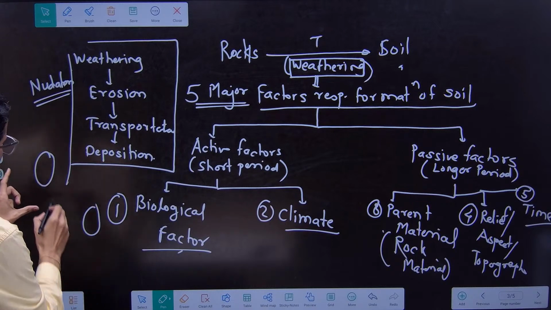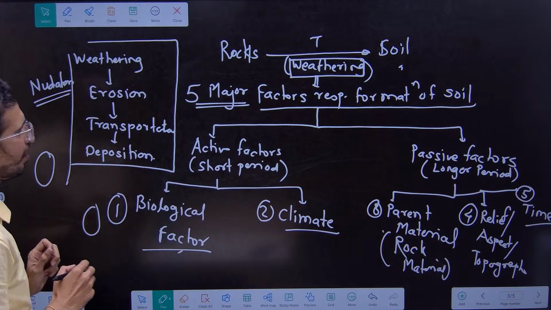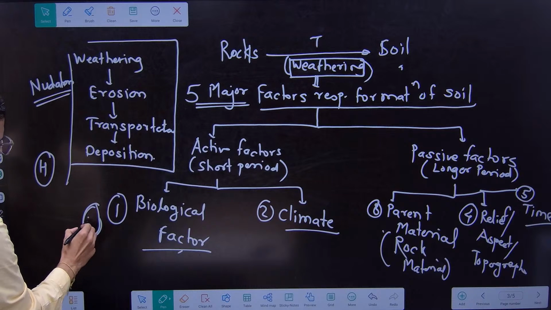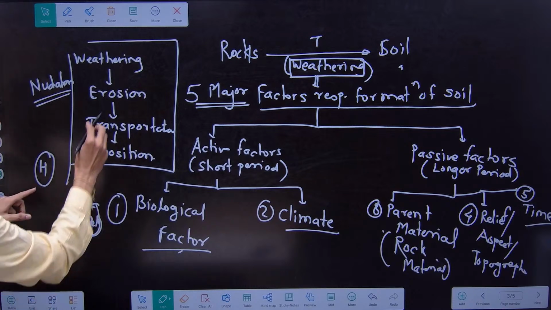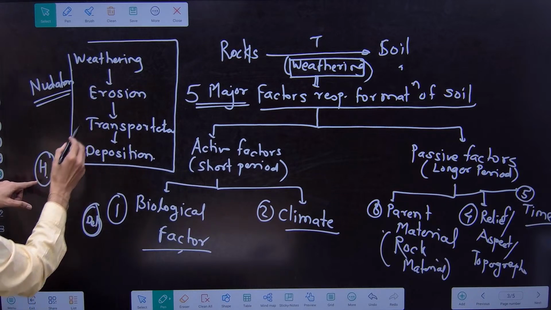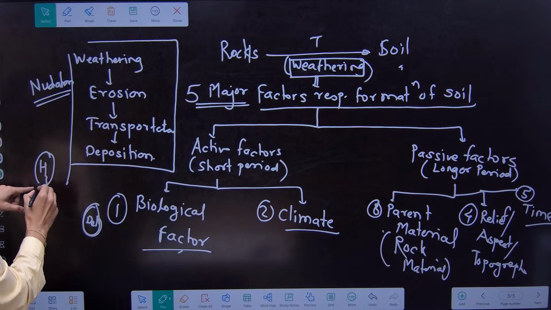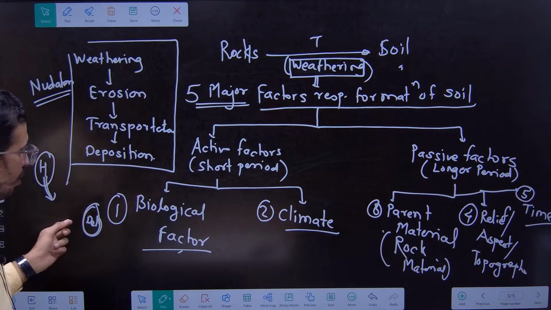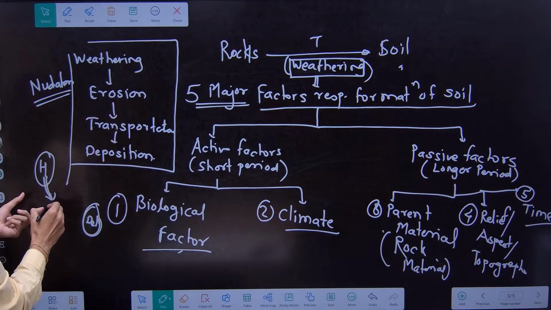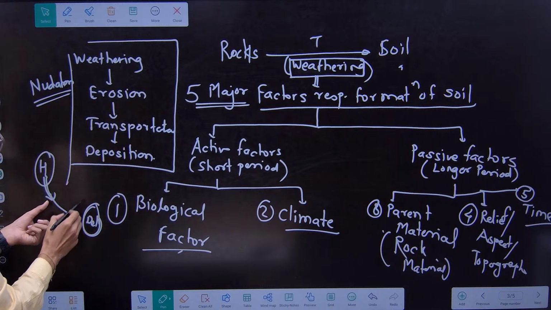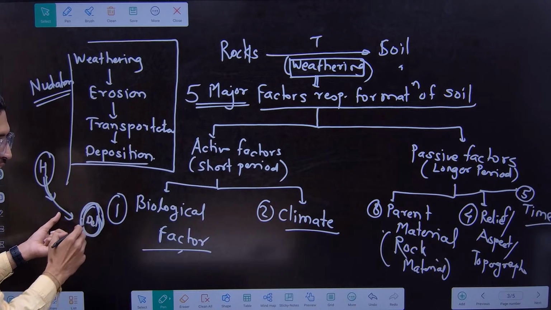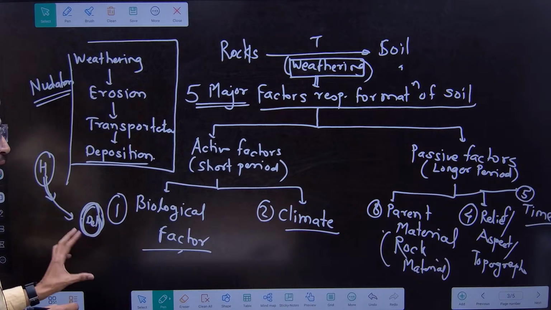Suppose this is the Himalaya mountains and this is a river delta in the northern plains. So weathering of the rocks, then erosion, they are bringing the boulders, clays, and rocks along with them, and transportation from one region to another, and deposition of the finer material in the form of the northern plains. I am just giving the examples.